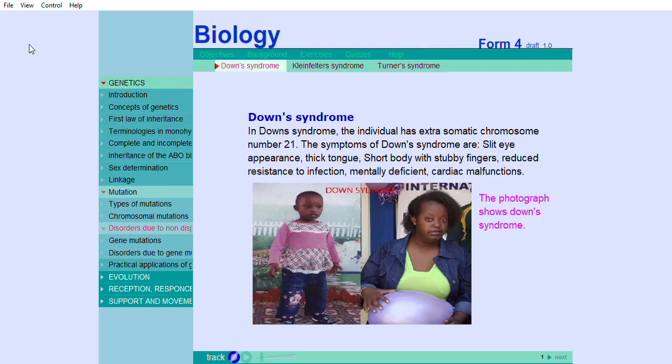In Down's syndrome, the individual has an extra somatic chromosome number 21. The symptoms of Down's syndrome are slit eye appearance, thick tongue, short body with stubby fingers, reduced resistance to infection, mental deficiency, and cardiac malfunctions. The photograph shows Down's syndrome.